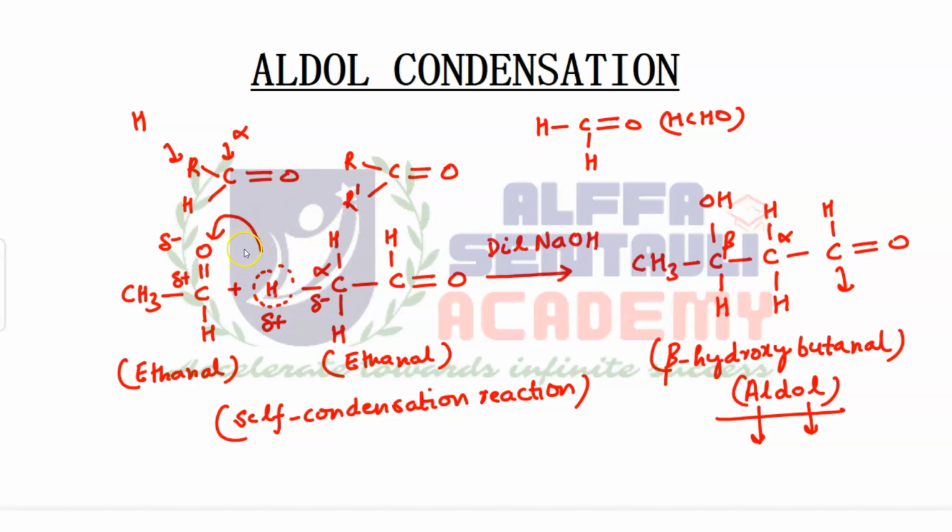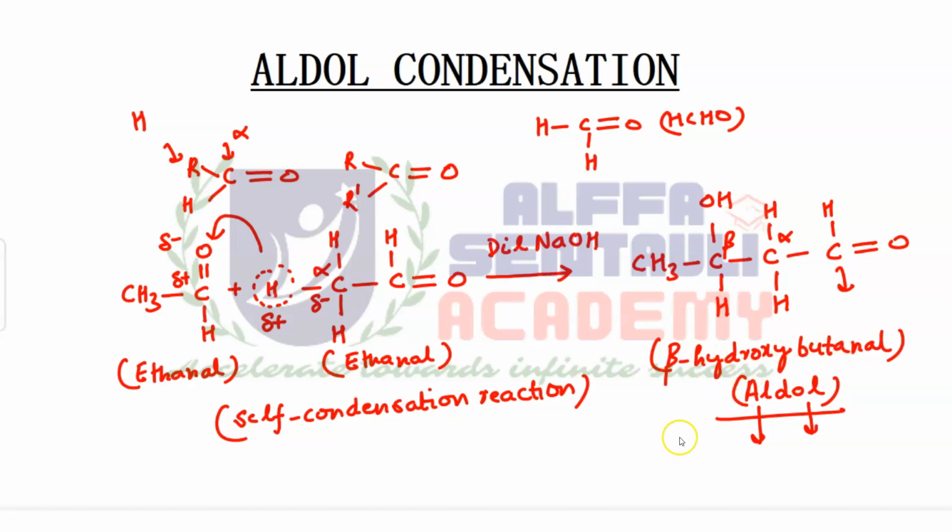So for having at least one alpha hydrogen, there should be one alpha carbon. If there is one alpha carbon, then definitely there will be one alpha hydrogen, and that alpha hydrogen will get combined to the oxygen of the same molecule, and then we will get a special compound known as a beta hydroxy compound, beta hydroxy aldehyde.